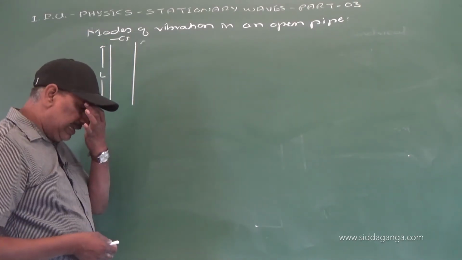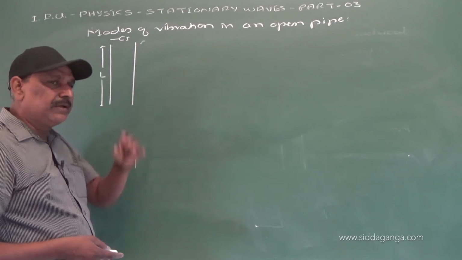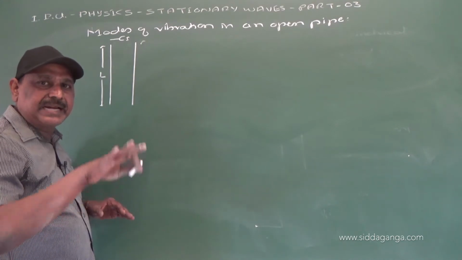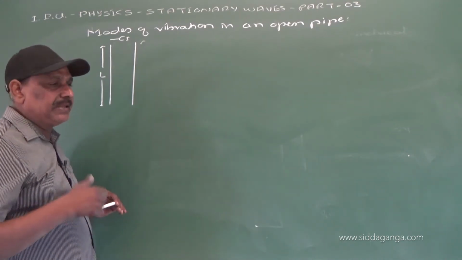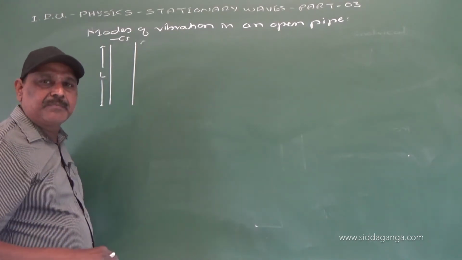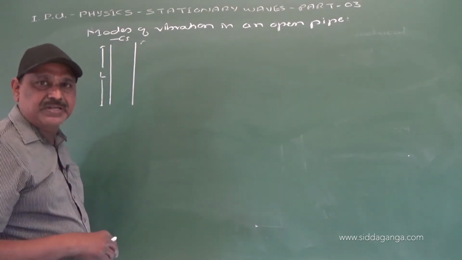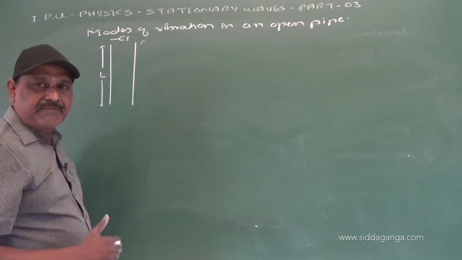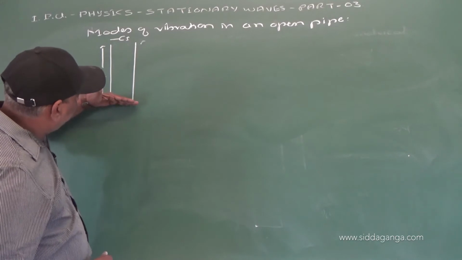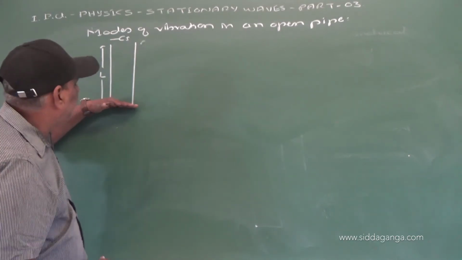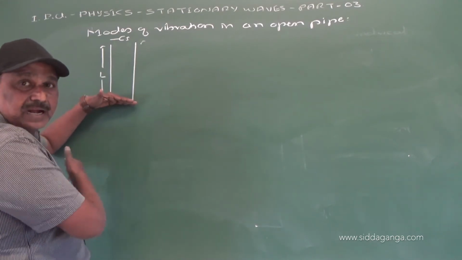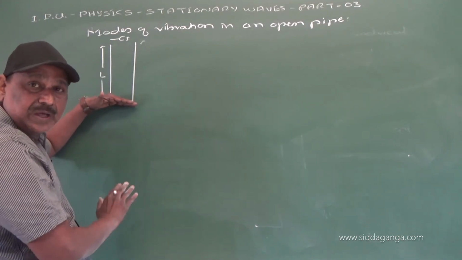Here there is no change in medium, but there is a change in pressure. Now outside air is at atmospheric pressure. When sound propagates through the medium, the pressure at compression is more than atmospheric pressure. The pressure at rarefaction is less than atmospheric pressure. Therefore, when a compression comes at the other end, it is at higher pressure and the outside air is relatively at lower pressure.